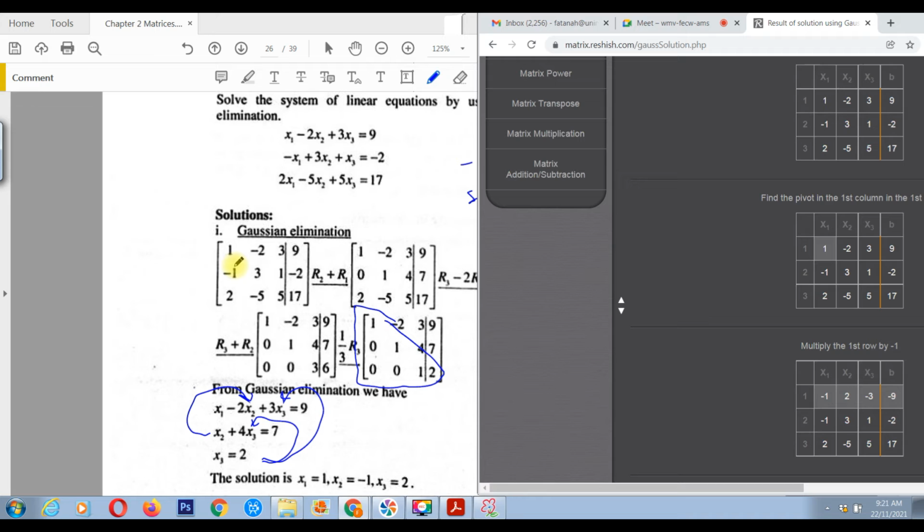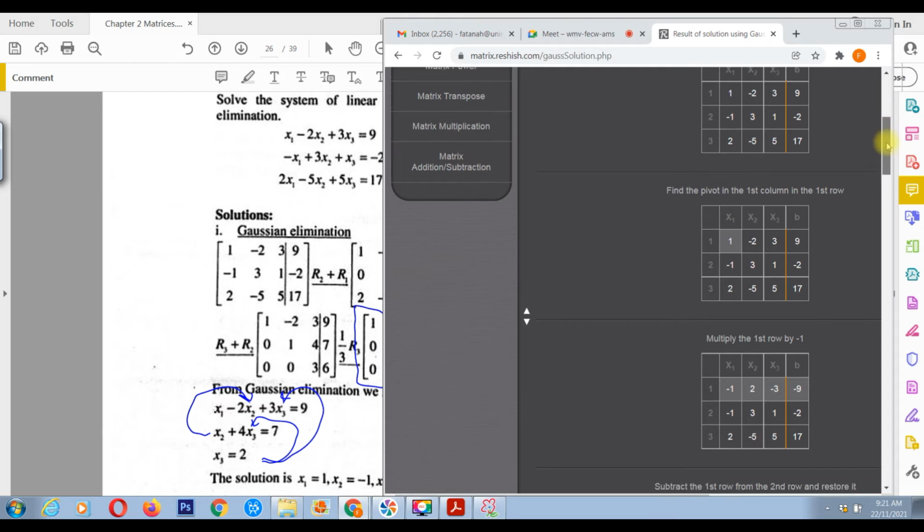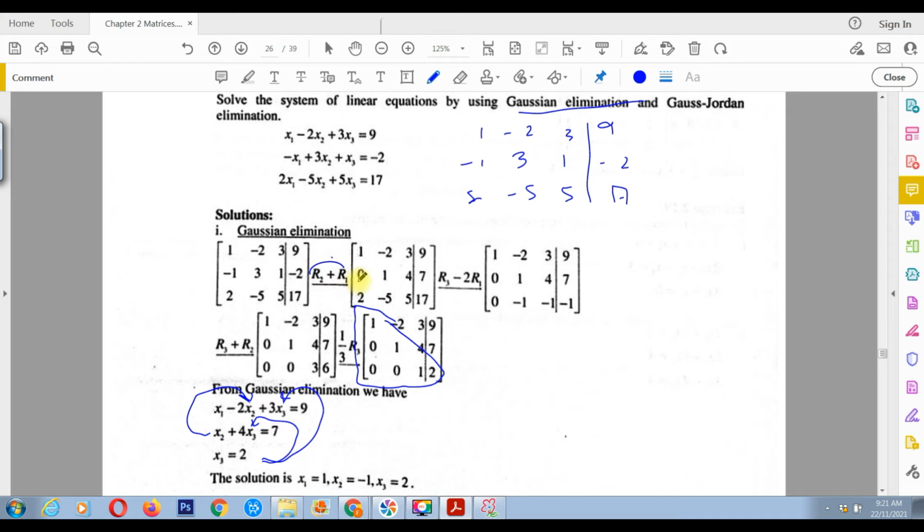The second row you want to make it 0, so you find the negative 1. You need to analyse this formula, how to get here by using this. It will help you to put what is the operation here.